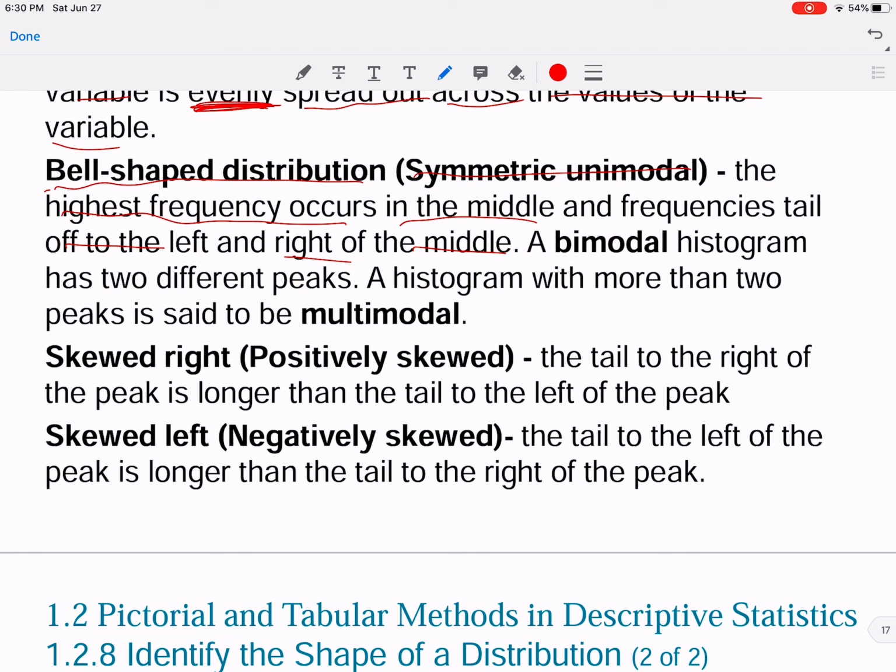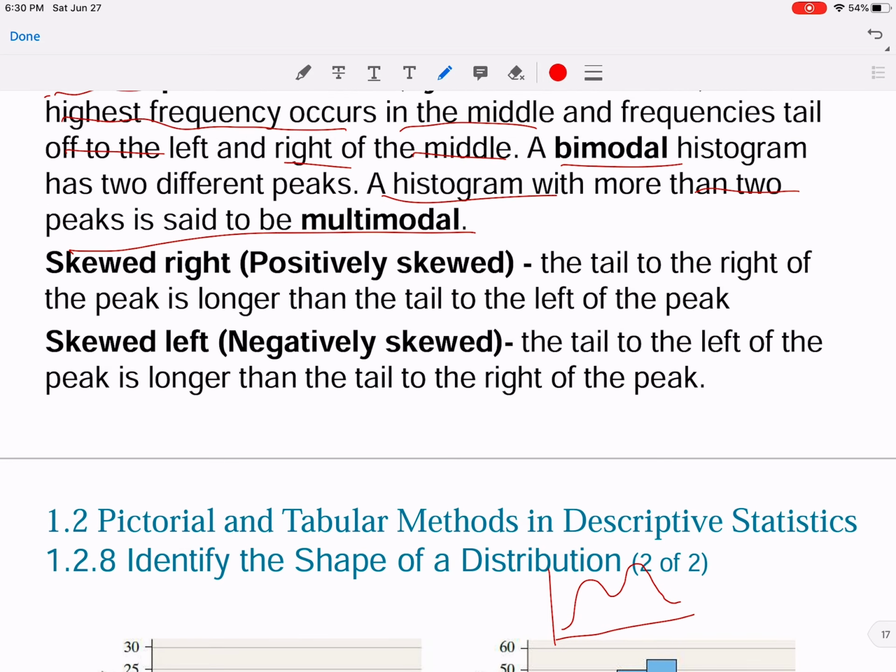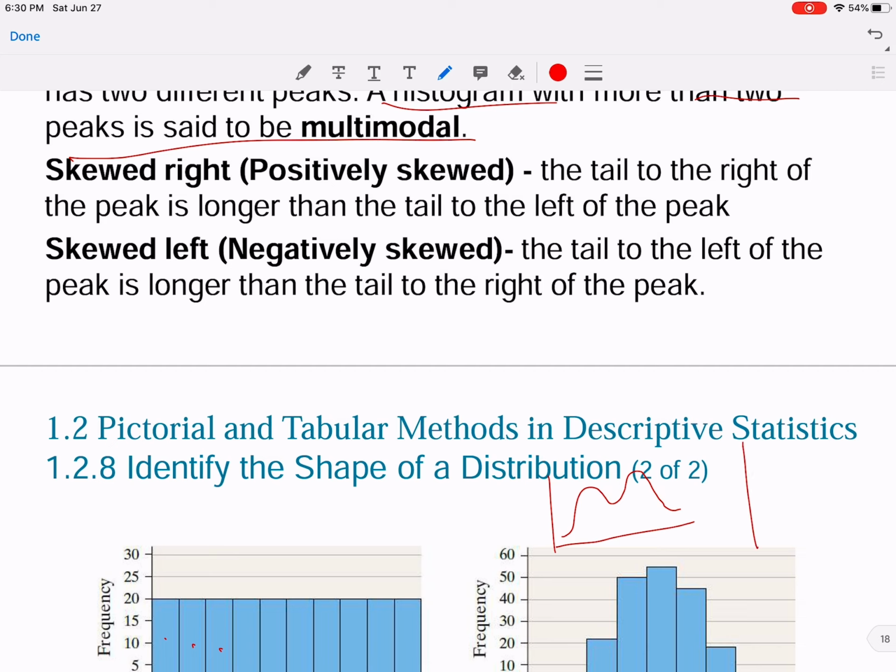And a bimodal histogram has two different peaks, and a histogram with more than two peaks is said to be multimodal. So that means it could be something like that. Something like this. Of course, that's going to be bimodal, and then something like this. And this is called multimodal.